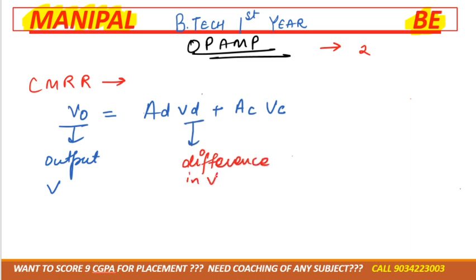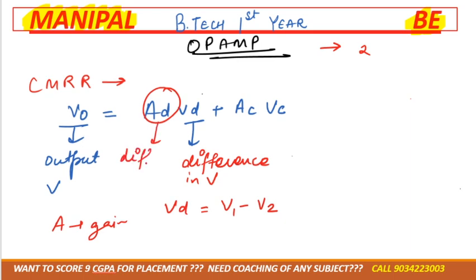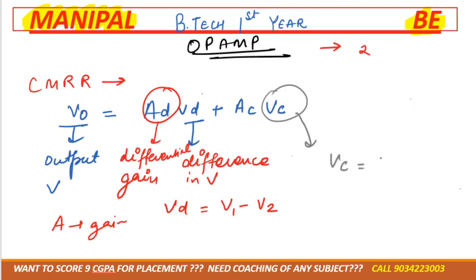So the difference of two voltages must be V1 minus V2, right? AD, A stands for gain, so AD stands for differential gain. What is VC? Many times it is VC, many times it is VCM. It is basically the common mode voltage. The formula for VC is V1 plus V2 by 2, we take the average basically.